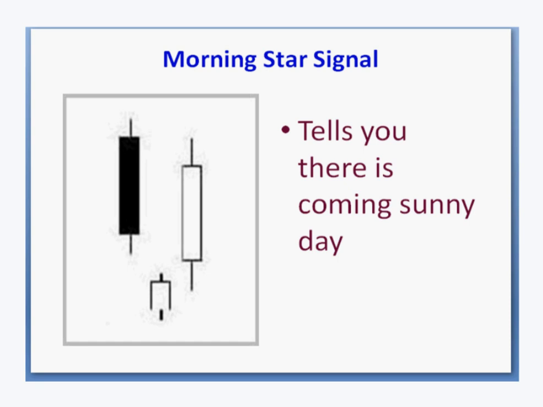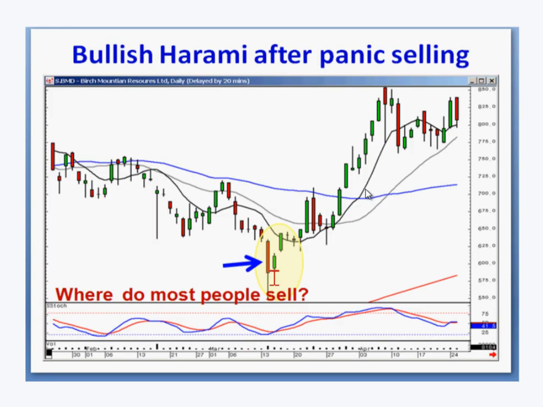Does the size of the belly matter? No. Now, bullish and bearish Haramis, let me go back up here, act like barometers. If this was a very small Harami down here at the bottom of this candle, you might see a trend trajectory that looked more like this.